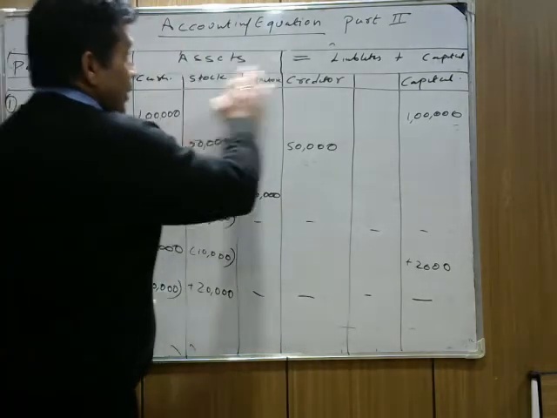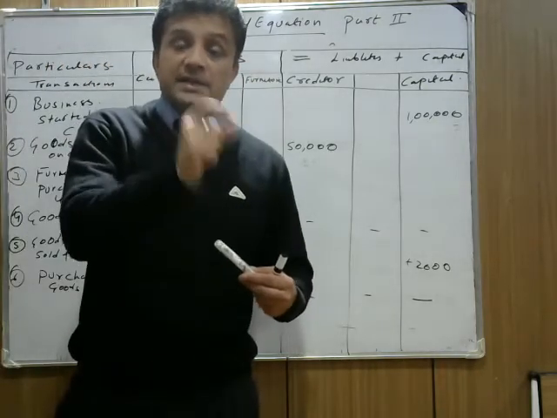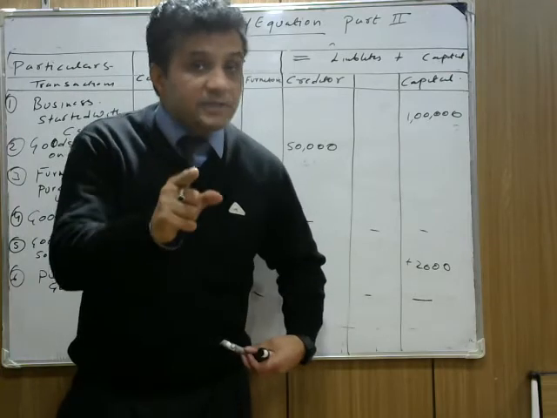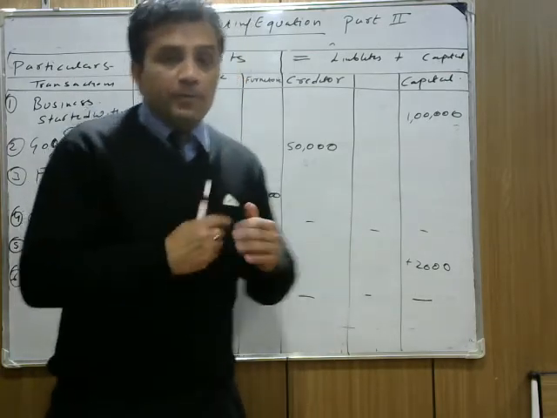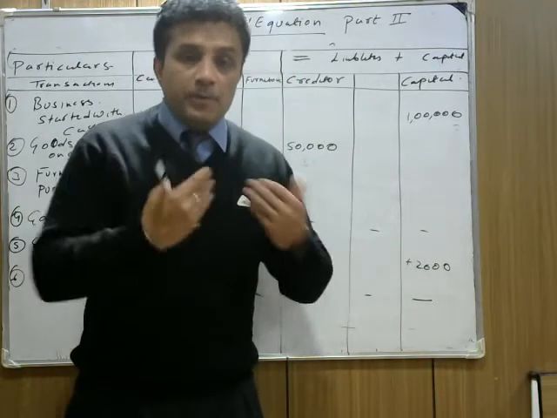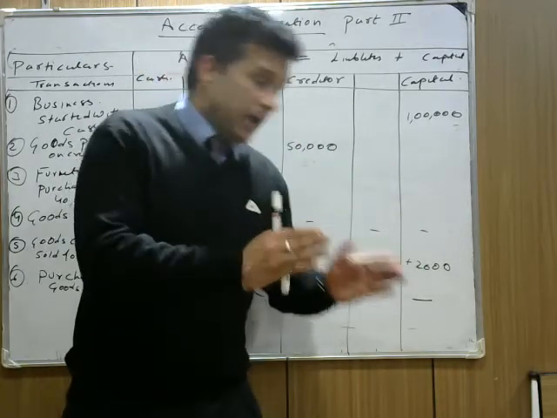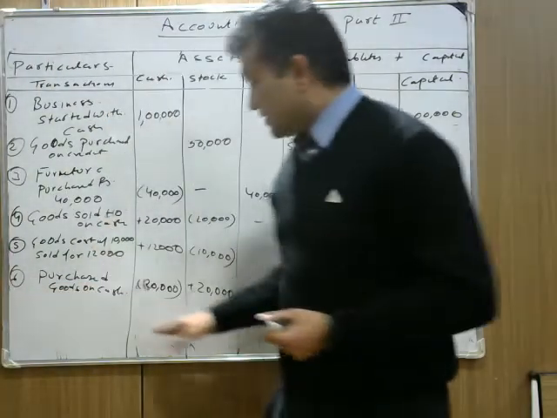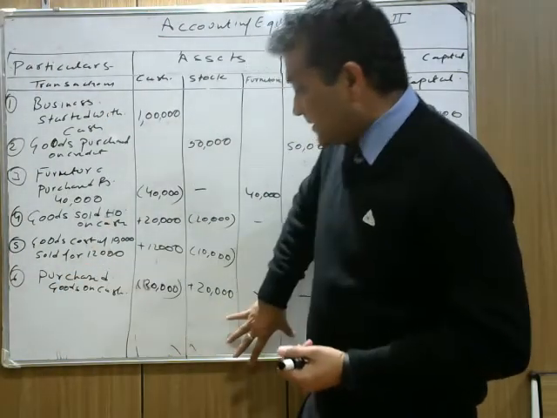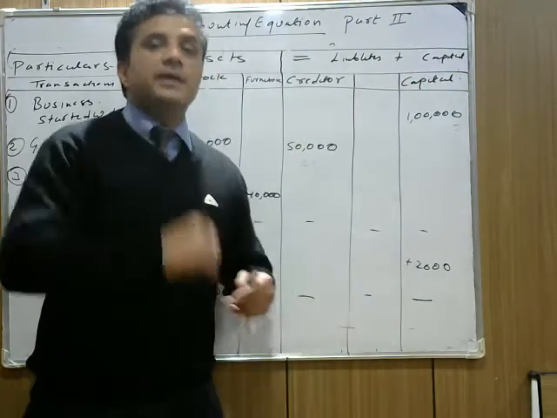We're not making any column for rent here because we are working with asset, liability and capital, and rent is not an asset. Rent is an expense required for performing the business actions. So I'm doing up to the 6th transaction so that you can understand, and then we will take up rent in the next question.